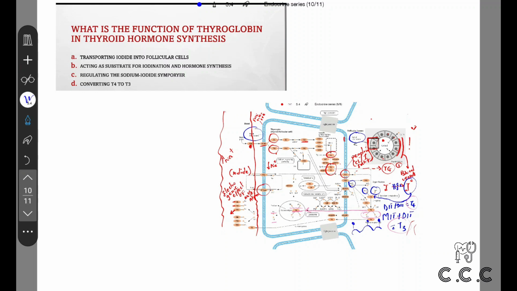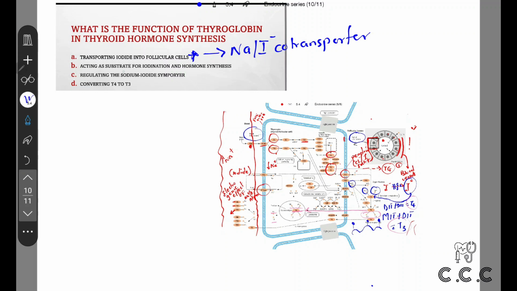The next question says, what is the function of thyroglobulin in thyroid hormone synthesis? This is a very exceptional and beautiful question, and it says A, transporting iodide into the follicular cell. So this cannot be the answer because we just saw that what transports iodide into the follicular cell is the sodium iodide co-transporter, because it works on the principle of the electrochemical gradient.